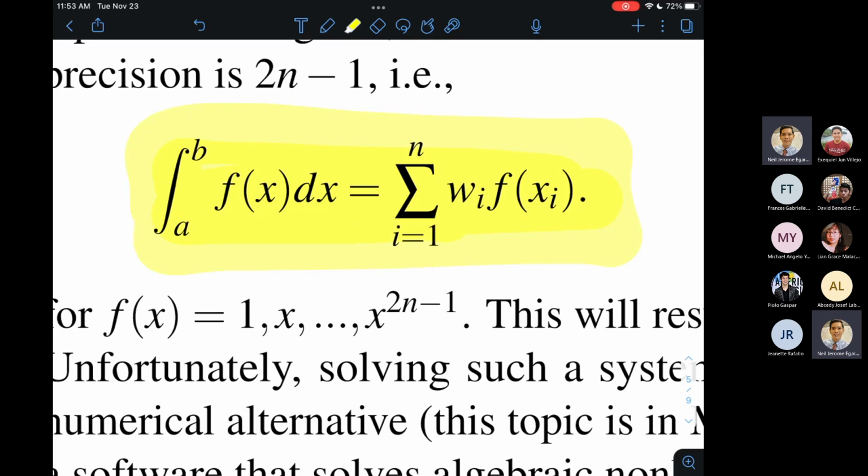In other words, eksakto bang na-approximate ng quadrature rule yung given integral when the integrands are the following. Siya si 1, siya si x, hanggang siya kay x to the 2n minus 1. Yun lang yung kailangan nating i-impose. Dapat nakukuha niya yung eksaktong value ng integral ni 1, ni x hanggang kay x to the 2n minus 1 over the interval ab.